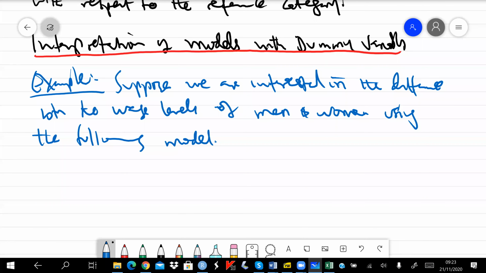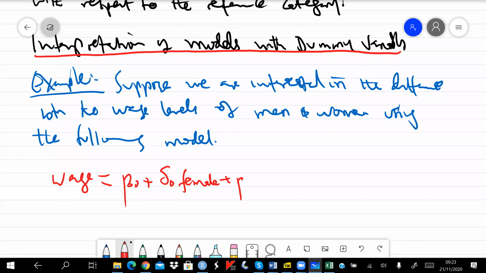And then we're using this model: wage is equal to beta naught plus delta naught female. So that tells you that is our dummy variable, plus beta 1 education plus beta 2 experience, plus beta 3 tenure plus the error term.